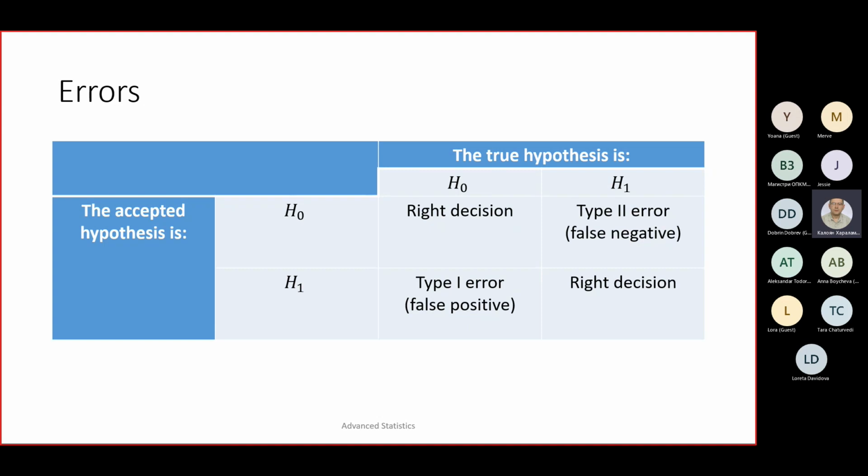The true is COVID-19, sorry, but the test shows no COVID, and this is false negative. On the opposite, if the true is no COVID, but the test shows COVID, this is false positive.